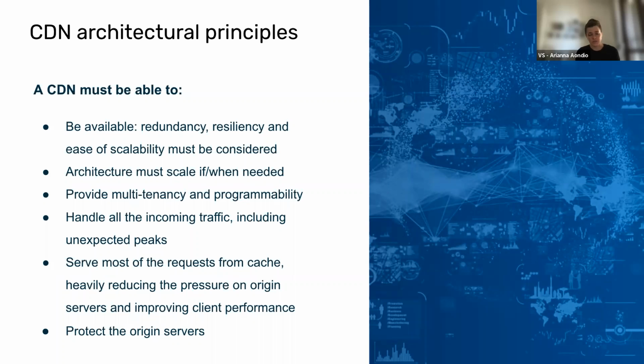And because of this, we are looking at a CDN which can handle different use cases. And here we refer to multi-tenancy. But we also want a CDN which can be fully programmable. And for example, in Varnish, you have the possibility to define different caching logic for different use cases or tenants using VCL, which is the Varnish Configuration Language.